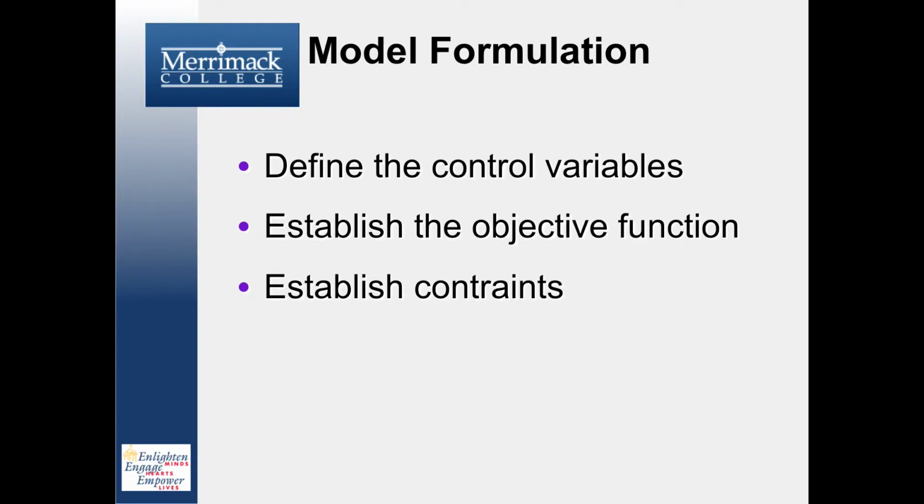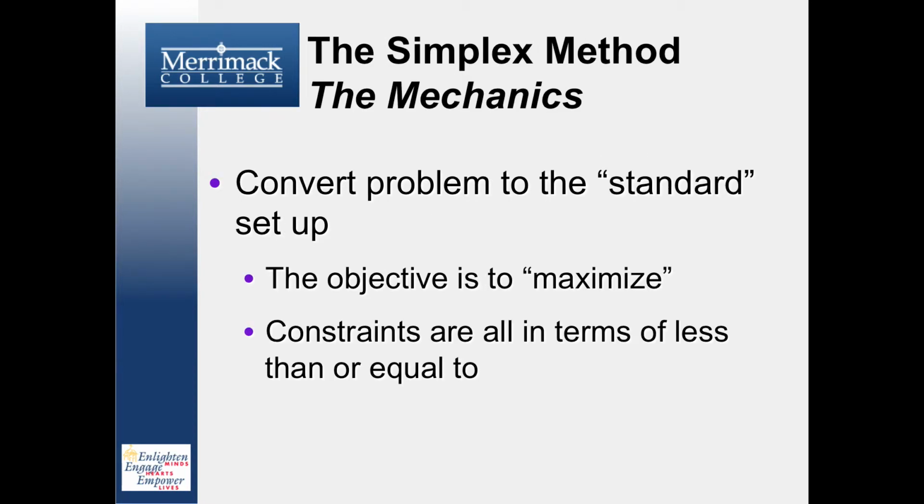I've given you the solution to that, by the way, but I would ask that you try it first and see how you do, and then you can bring up the solution and see where you went wrong. Okay. And then I'm going to ask you to convert that problem to the standard setup, and use the simplex method to solve that homework problem.